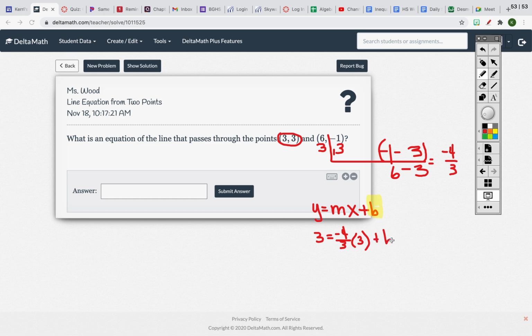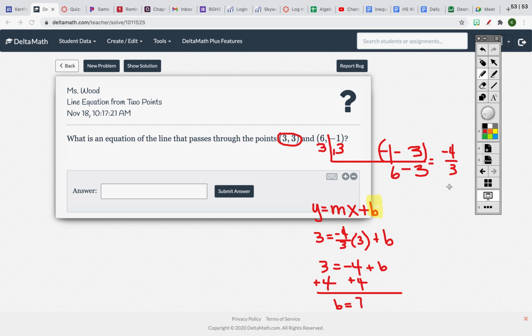And I don't know my b. When I multiply -4/3 times 3, it gives me -4. So 3 equals -4 plus b. And to get the b by itself, I do the opposite operation, which is to plus 4. So b equals 3 plus 4 is 7.